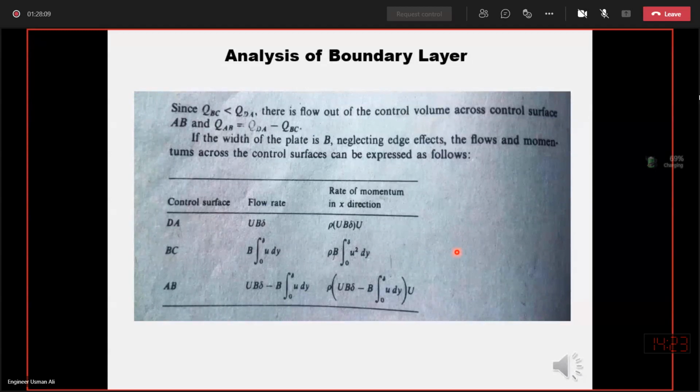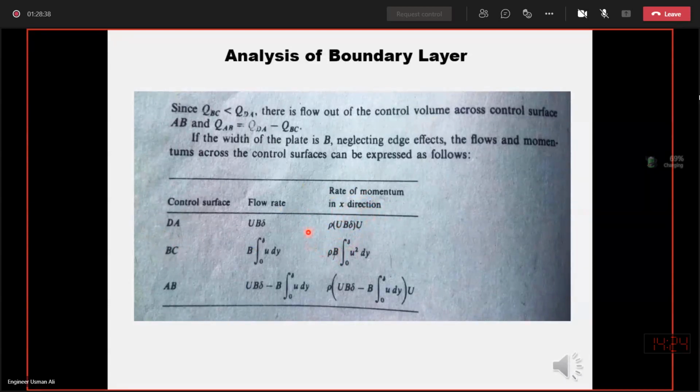The mass flow rate is rho Q, so momentum is rho Q into V. This is the rate of momentum in the X direction that we want to consider. So it is rho into the flow rate Q into the velocity at dA, that is U. This is the momentum at the control surface dA with which the fluid is flowing.